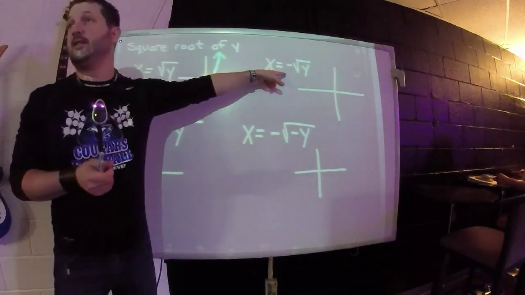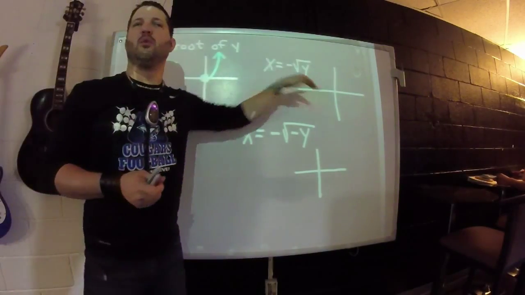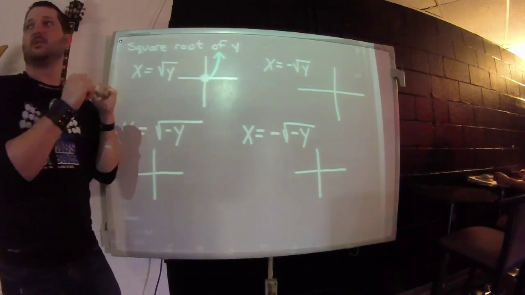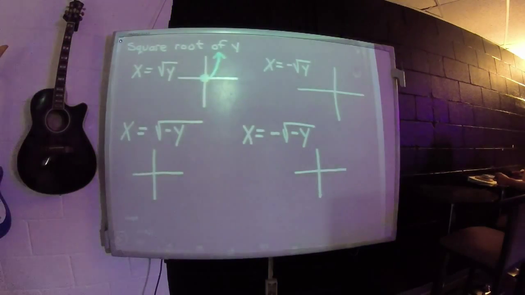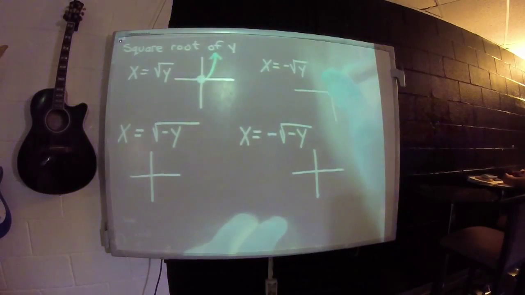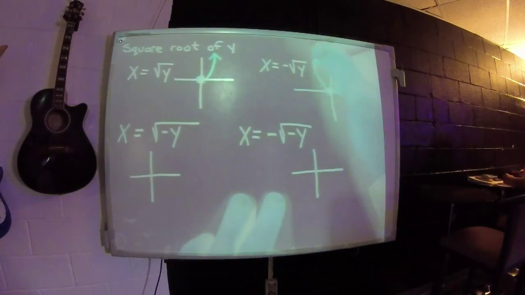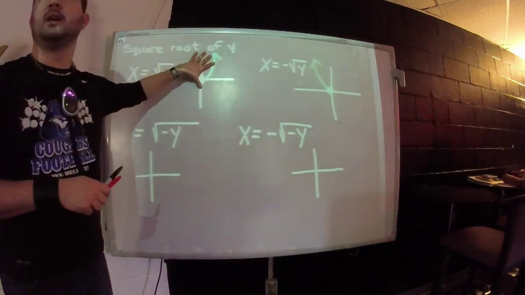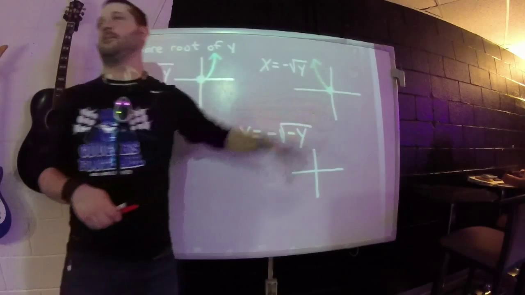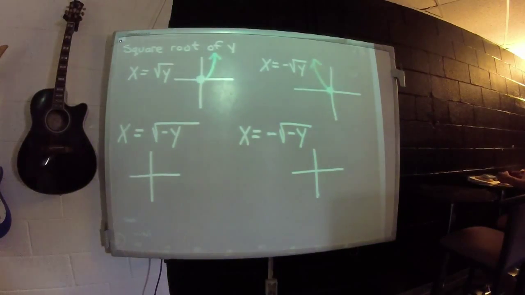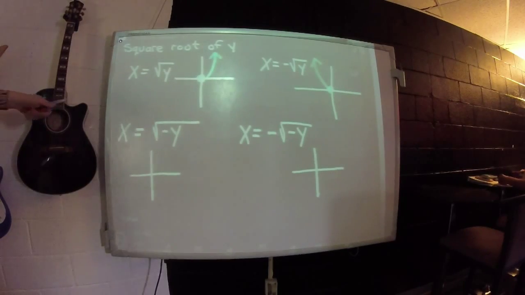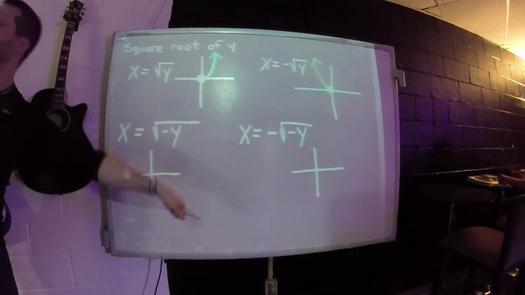Now the negative and these top 2 are the only ones you really need to know for this objective. The negative actually flips it this way. So there's your square root of y, and here's your negative square root of y. So if you just know what a square root of y looks like, and you know what a negative square root of y looks like, you're going to be just fine. Now just for fun, if you put the negative inside, that makes it go down.